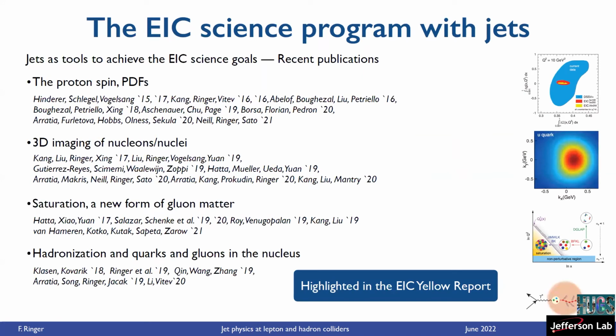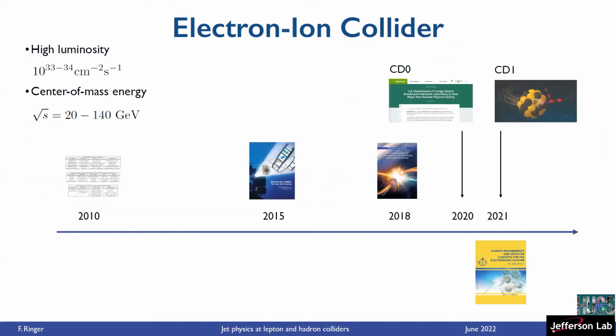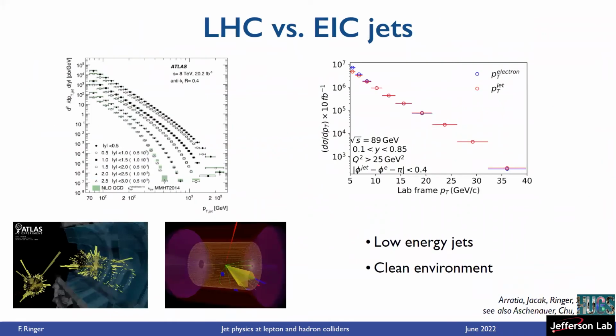Just to give a couple of references, maybe not the most recent list, but for all aspects of the EIC science program, whether you're interested in spin physics, TMDs and the 3D imaging, small x physics, also hadronization studies and eA scattering with the cold nucleus, for all these things, you can basically use jets. Now, of course, they're going to be very different. Here's again an illustration from the ATLAS experiment.